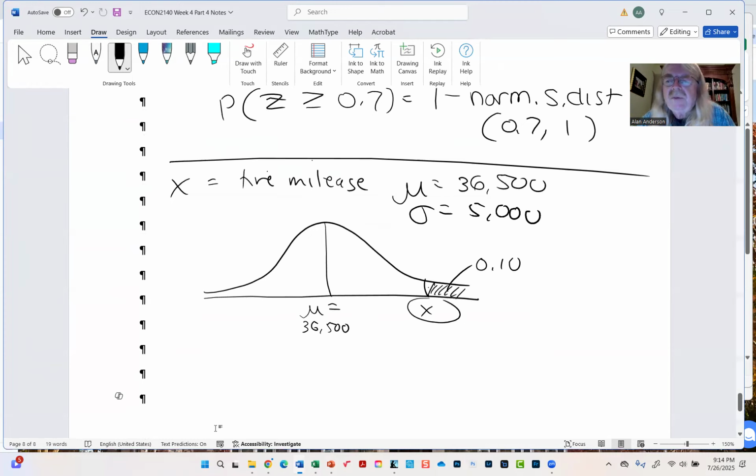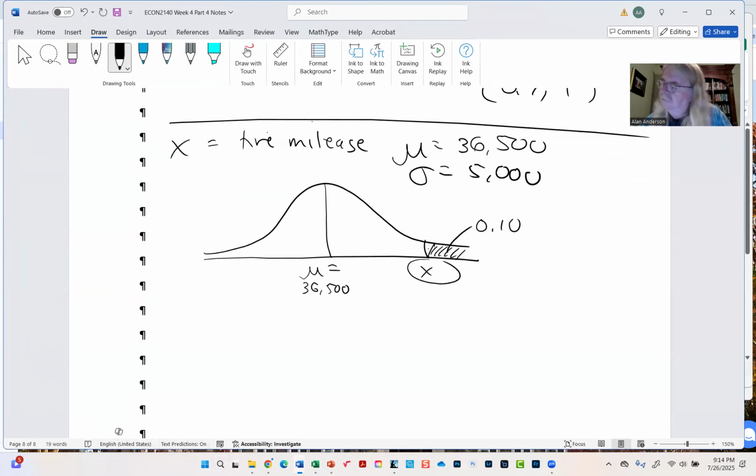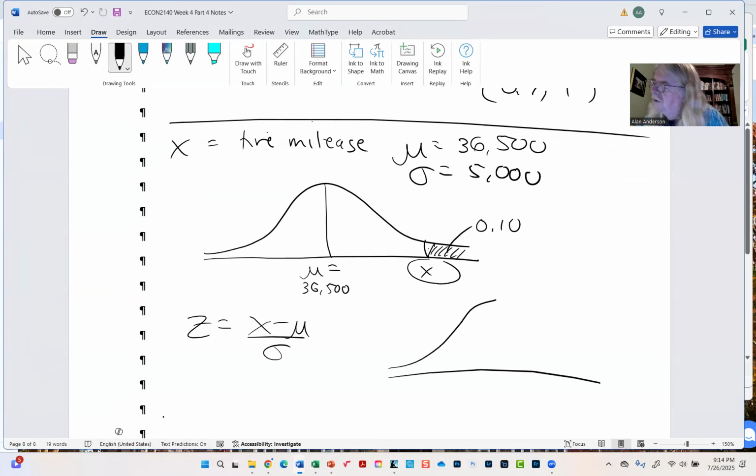So what they're going to recommend we do here is convert everything back into the standard normal form. So that means the mean here in the standard normal form would just be 0.